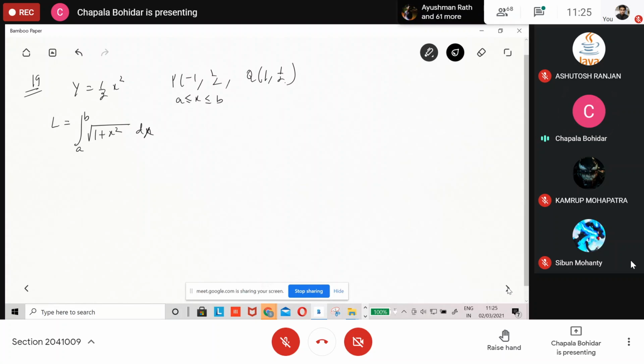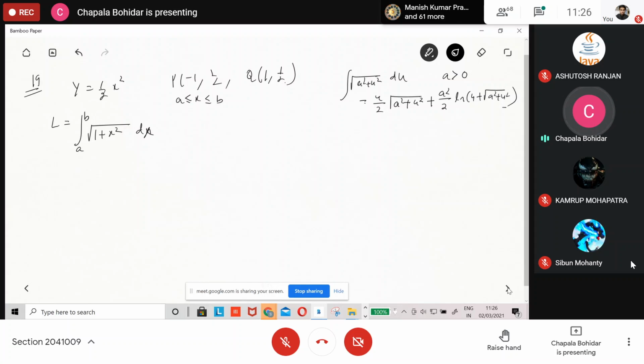The formula is the integration of root over of a square plus u square du is equal to u by 2 root over of a square plus u square, plus a square by 2 ln of u plus root over of a square plus u square.